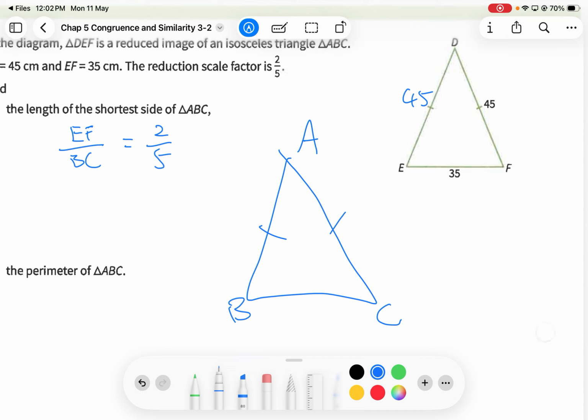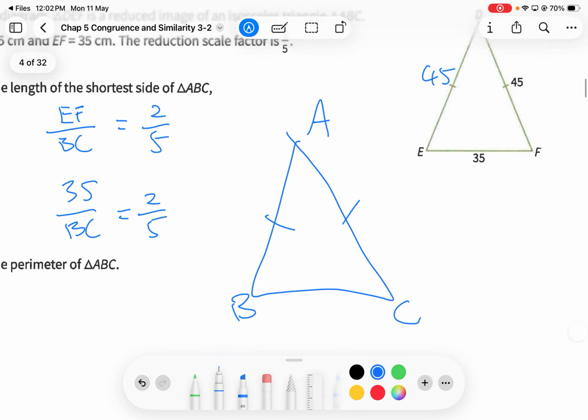Then now I know EF is 35. So if I form this equation and solve, I make BC the subject. I multiply BC to both sides.